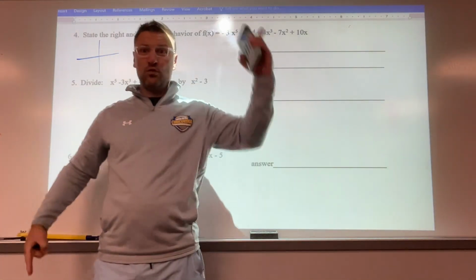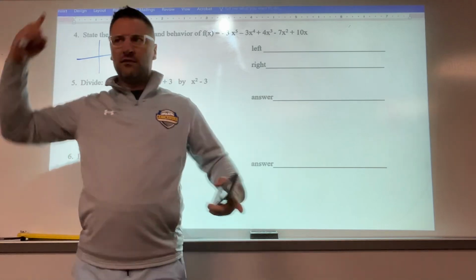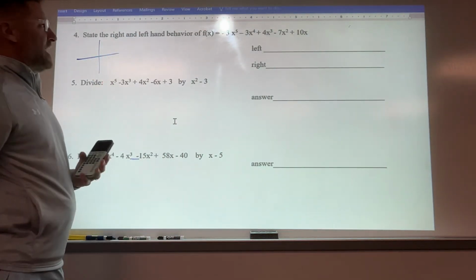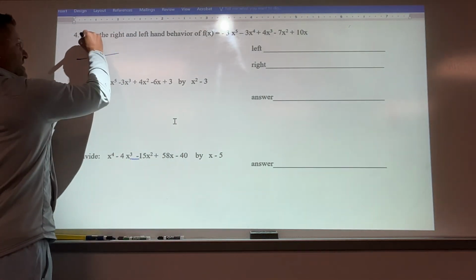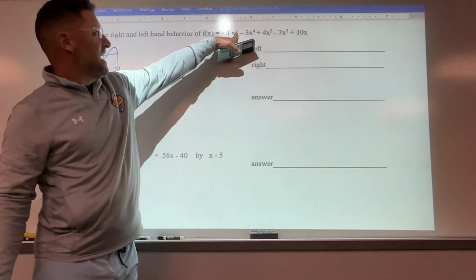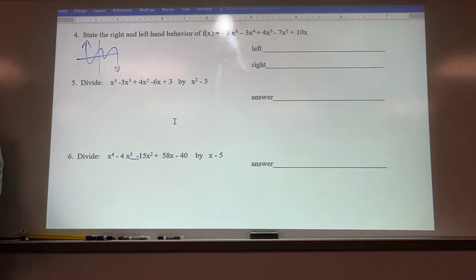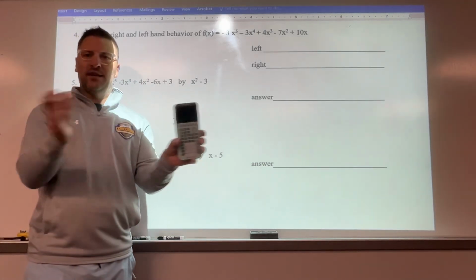X to the 5th, whoosh, upside down, whoosh, and then it wiggles. I don't even know how much it wiggles. I don't care how much it wiggles. It's Johnny T that goes something like that. Johnny T, odd exponent, negative flipped it, and it wiggled. So I know it's going to look like that, and I can answer the equations. If you're not sure, just plug it in and look at it.